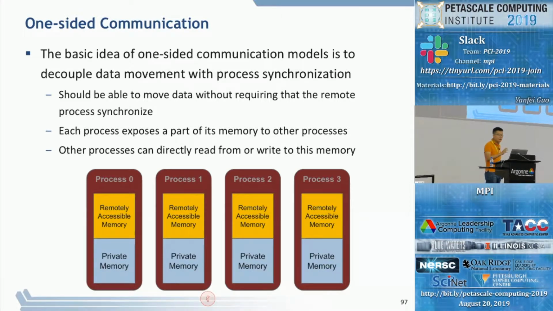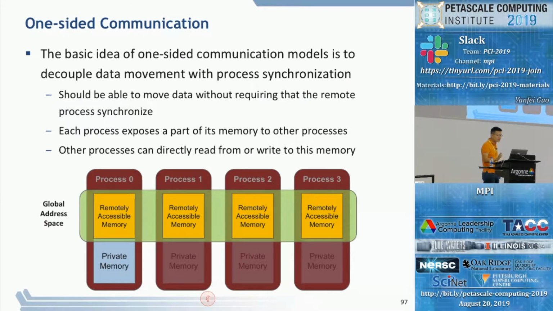Basically it's creating this yellow region, and that would, in MPI one-sided communication, become a sort of global address space that is visible by any process involved in this situation.